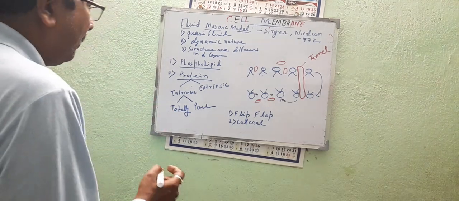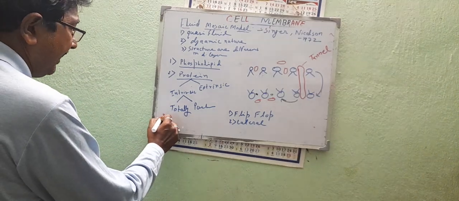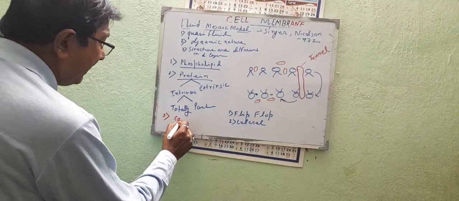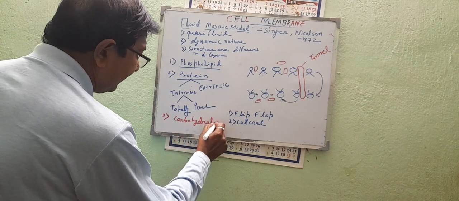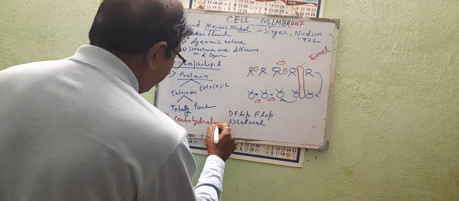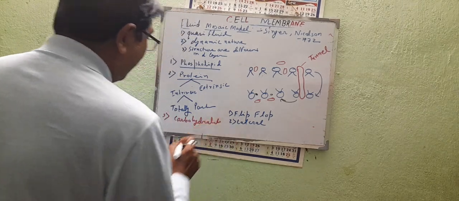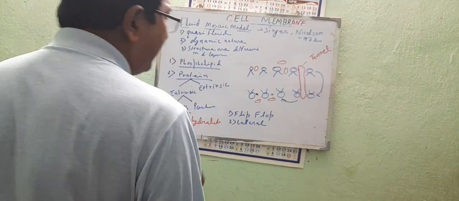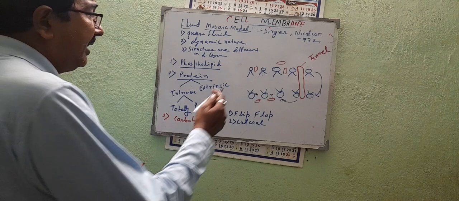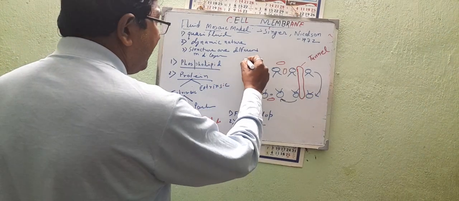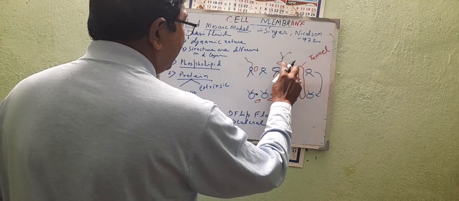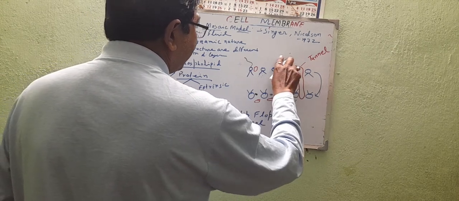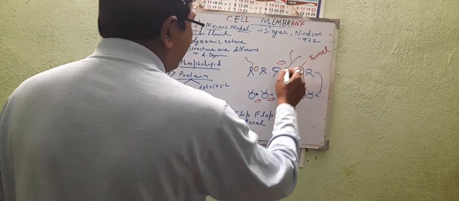Then another component is there. It is carbohydrate. Carbohydrate is oligosaccharide. Sometimes it attaches with lipid and sometimes it attaches with protein.